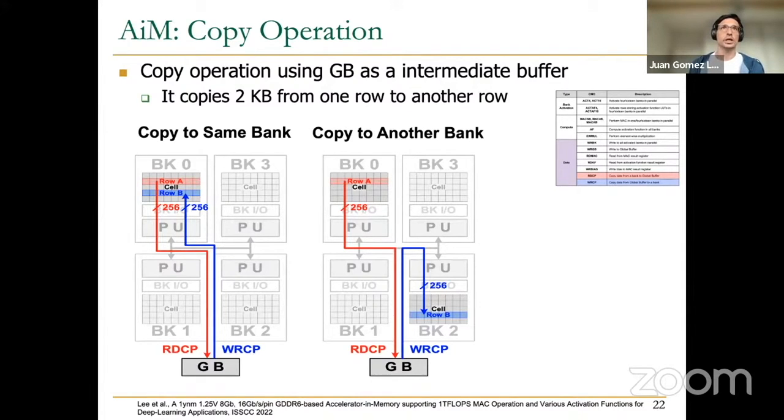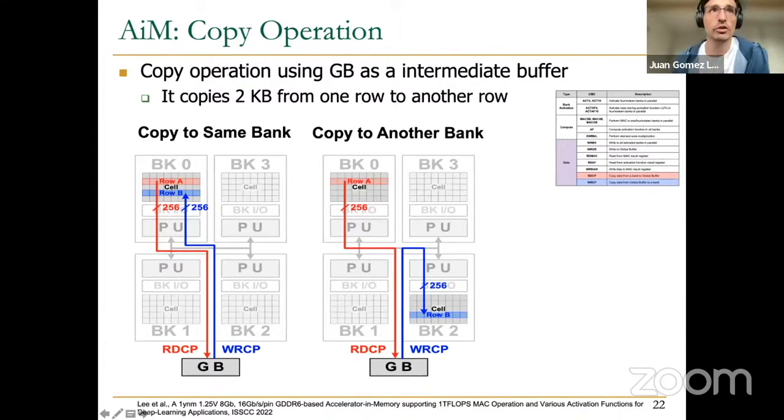They enable 2 different commands, read copy and write copy, in order to perform copy operations from one row to another row, either in the same bank or to another bank. To do so, it's necessary to use these 2 commands.